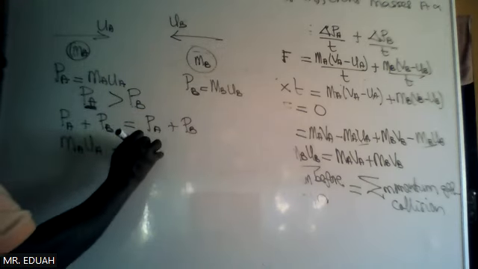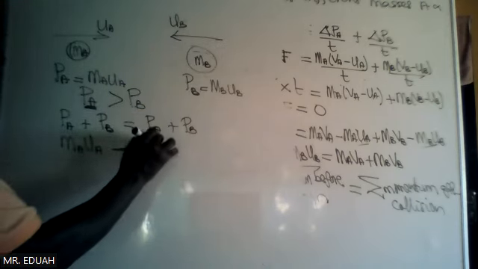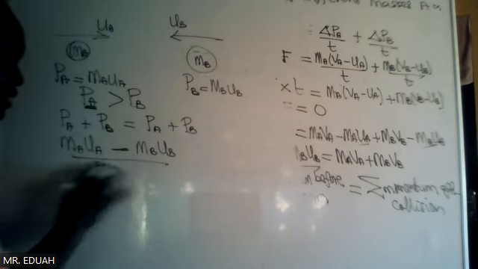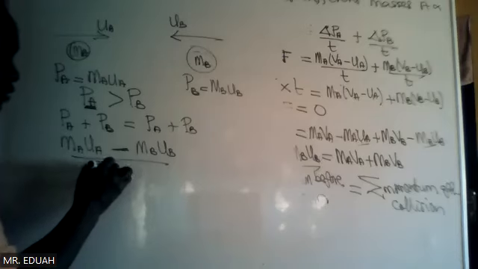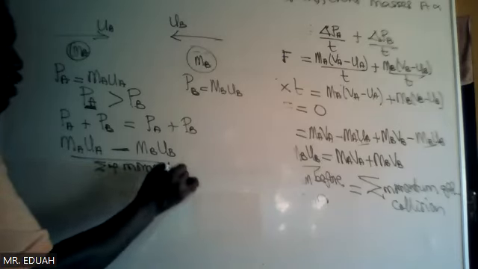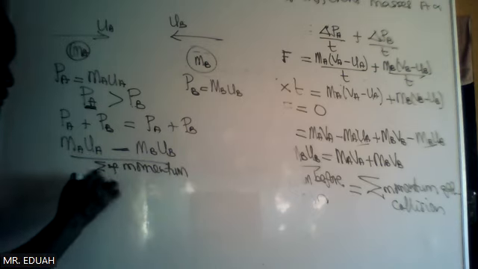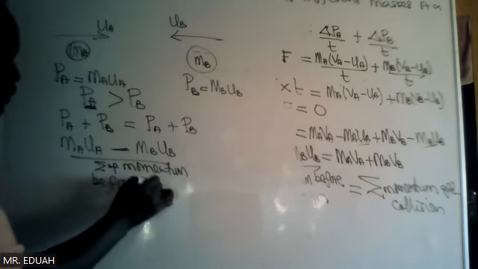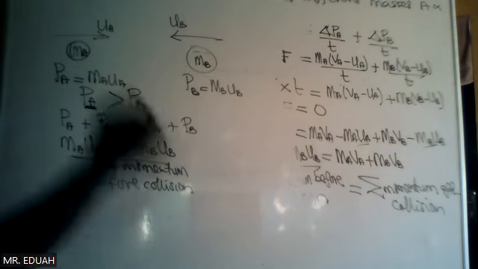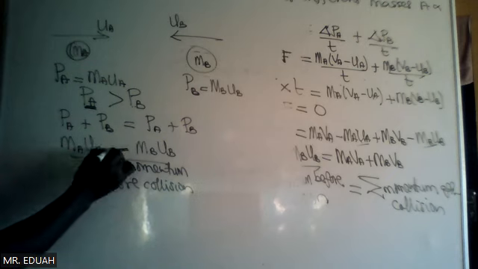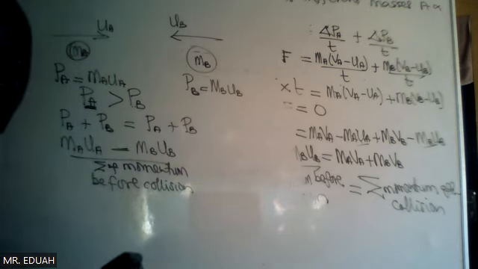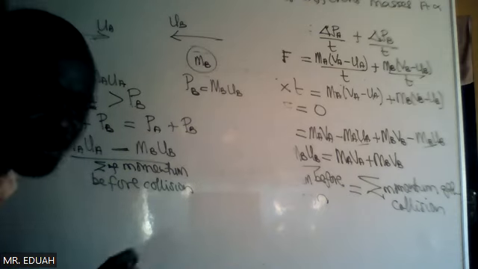So M of B times U of B for the summation of momentum before collision. So when the two bodies are moving in opposite directions, then we subtract the lesser momentum from the larger momentum.